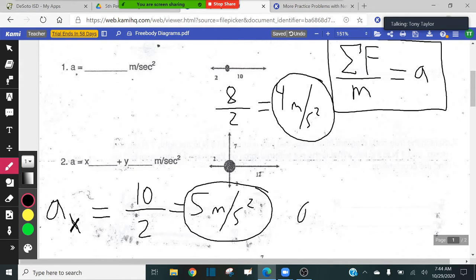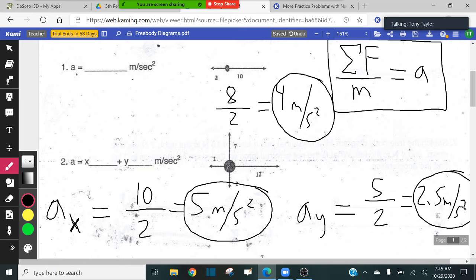But what about the acceleration of my object in the y direction? Remember, the y direction just means I add up my vertical forces, right? Because I want to know the sum of the forces. So if I have a positive 7 and I have a negative 2, when I add them, I get a positive 5. And again, the mass is 2 kilograms. What's 5 divided by 2? 5 divided by 2 is 2.5 meters per second squared.